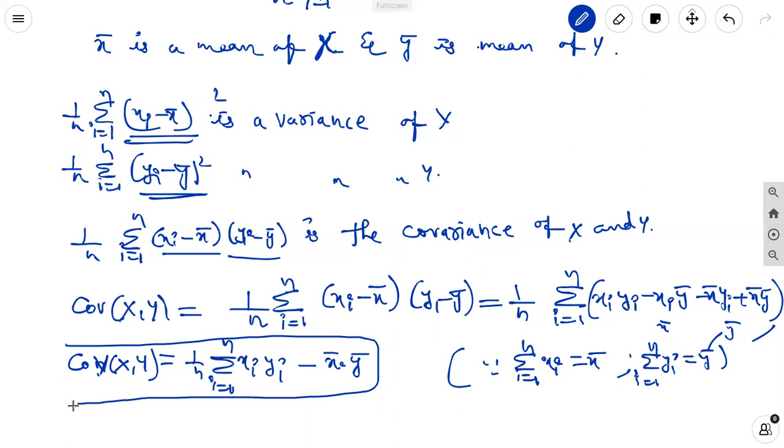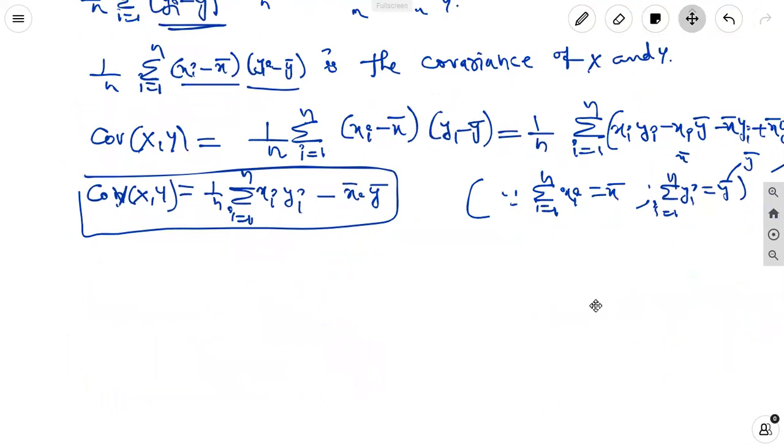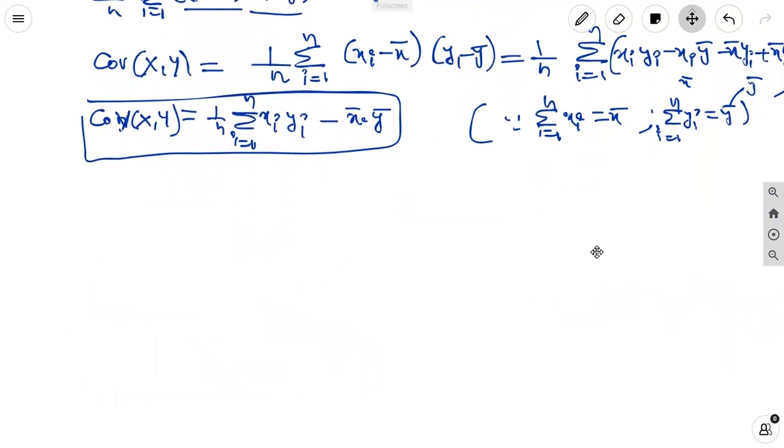This is one more type; we can use any formula. We can take the expectation of (x minus x bar) into (y minus y bar) as one formula, and covariance of x comma y is 1 by n summation i equal to 1 to n xi yi minus x bar y bar as another formula. In this we can discuss Karl Pearson's coefficient of correlation. Covariance formulas are of two types.